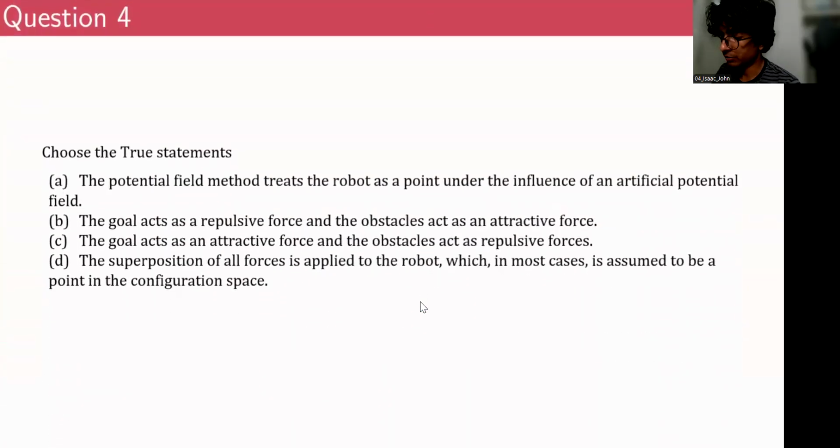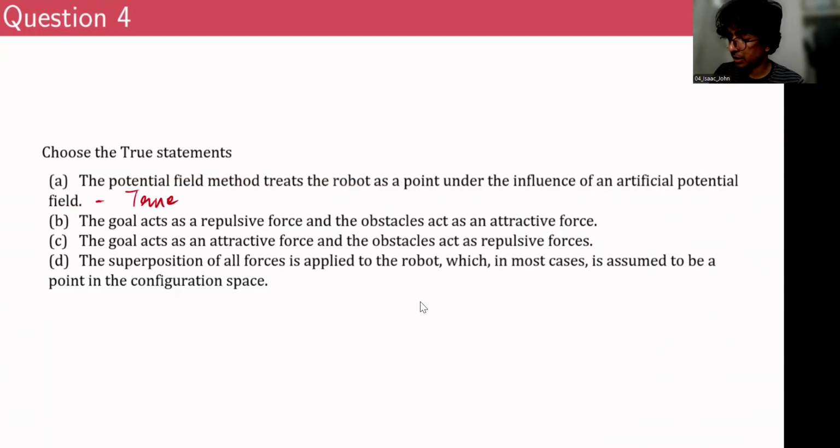Okay, so moving on to question 4. Choose the true statements. The first statement says the potential field method treats the object as a point under the influence of an artificial potential field. That is a true statement, because that is what we have just discussed.